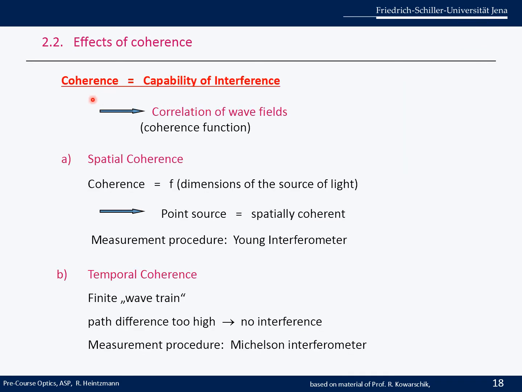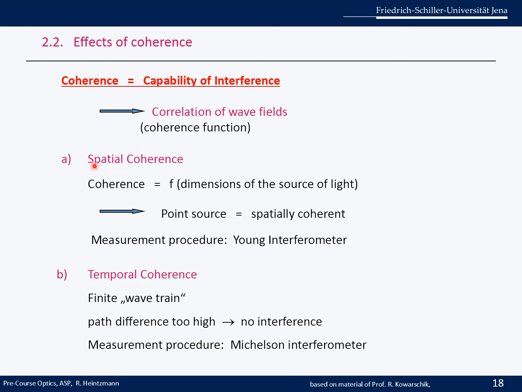So we can try to quantify that. We can quantify coherence. So coherence is the capability to interfere. And we can do that by the correlation of wave fields. So you will certainly learn that later in your studies. And you can subdivide the topic of coherence into spatial coherence and temporal coherence.